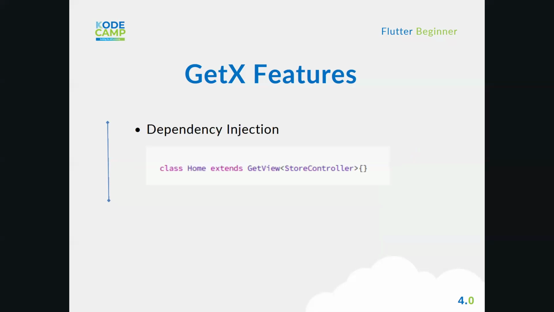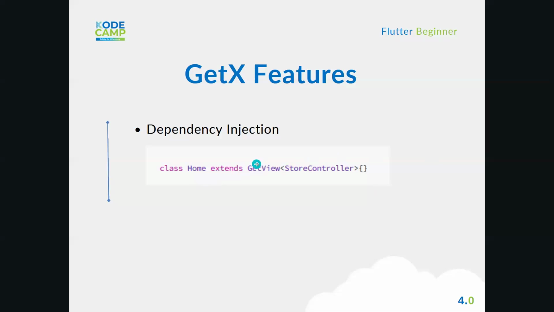Another feature is dependency injection. Now, GetX uses a built-in dependency injection system that makes it easy to inject dependencies into your controllers and your services. So you can see we have a class called home that extends, and then we're just calling the GetView.